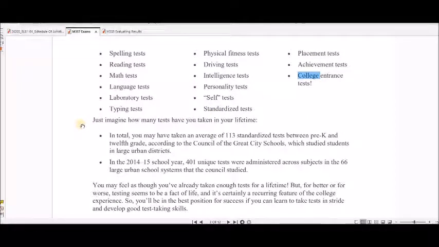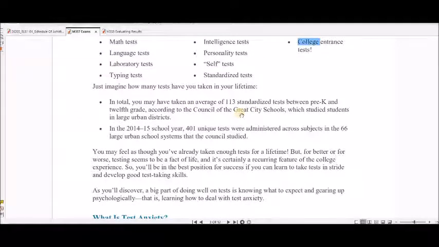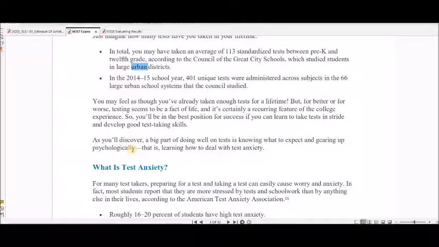My goodness. In total, you may have taken an average of 113 standardized tests between pre-K and 12th grade, according to the Council of the Great City Schools, which study these urban districts. Now, a lot of times colleges, high schools, and school districts think that the best way to improve learning is to increase testing. I don't agree with that, but that's what we're seeing lately.